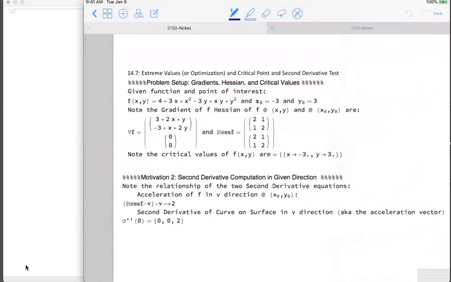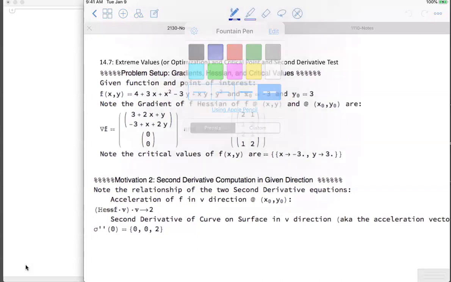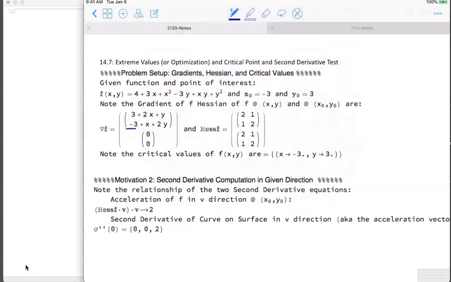Okay. So what we can see here is that we've got the gradient, and we now have the Hessian. The Hessian of the function at the point P turns out to be this matrix here, 2, 1, 1, 2.